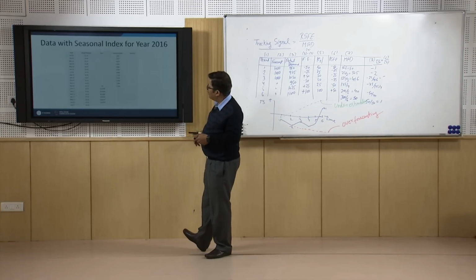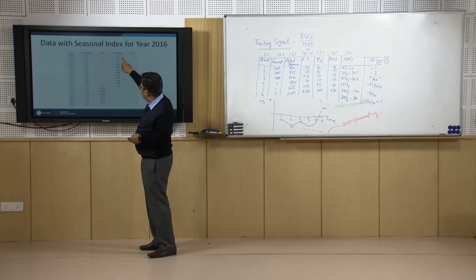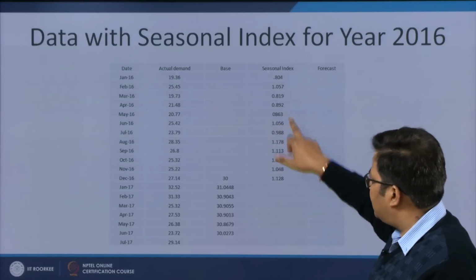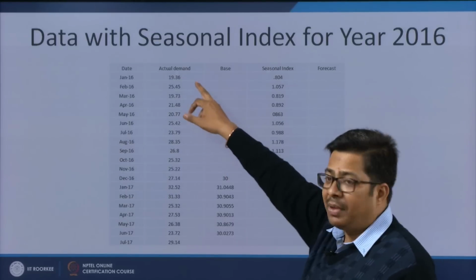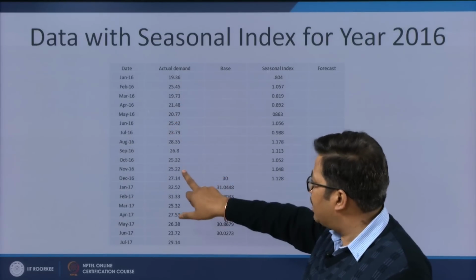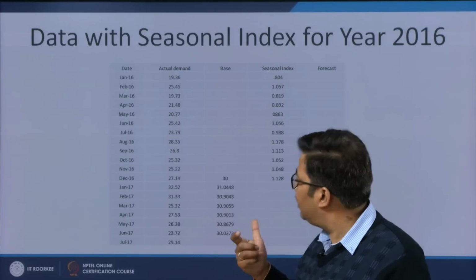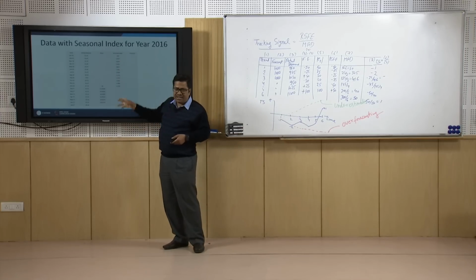We do this calculation for all the months of 2016, from 0.804 to 1.128. All these seasonal indices are calculated by dividing the actual demands by the average demand of 2016, that is 24.07, and students can try these calculations to get the seasonal index.